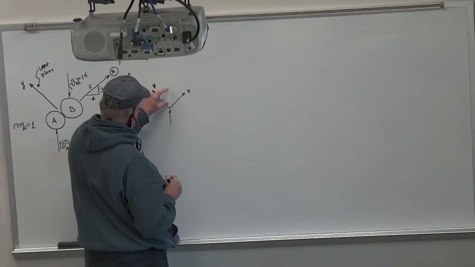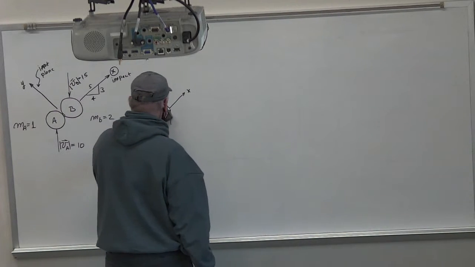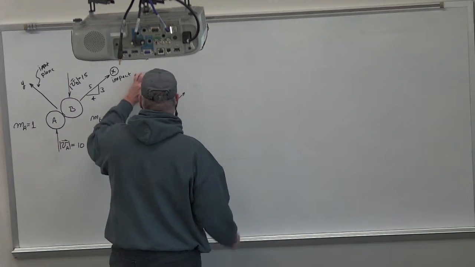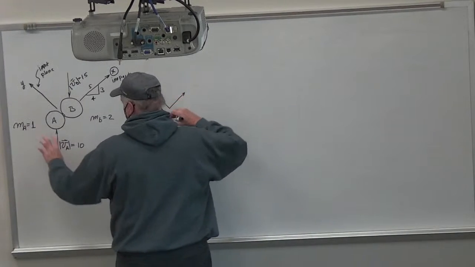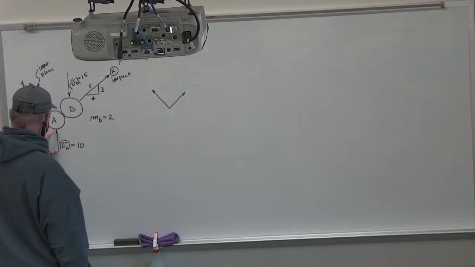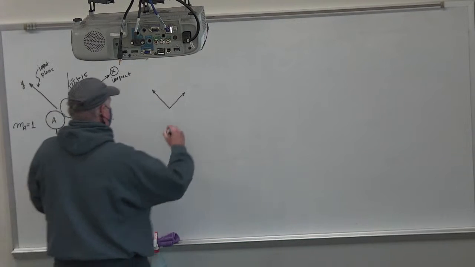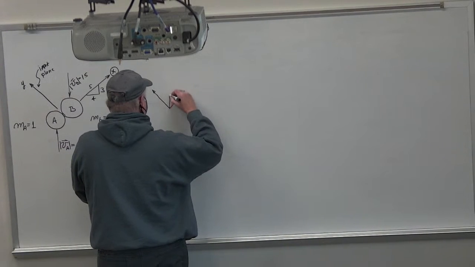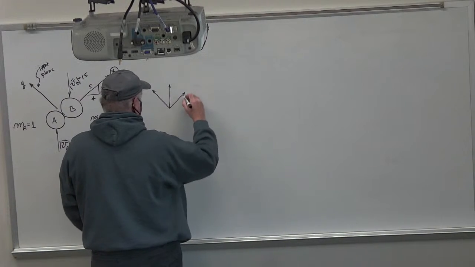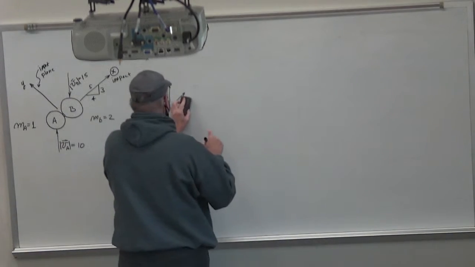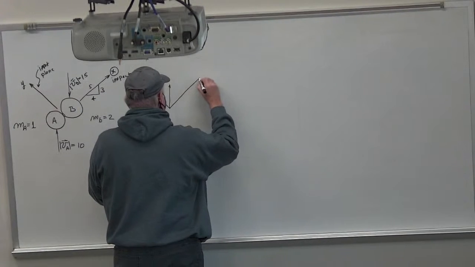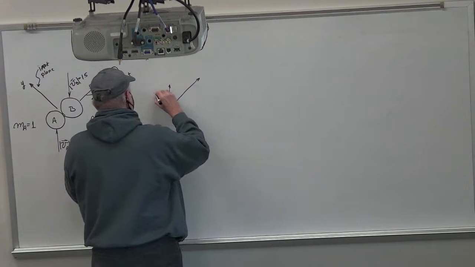So I'm going to take it, move it up on top of this. So essentially I'm taking this vector and I'm going to break it into components. So I'm going to put it at the origin. And I'm going to make this go up a little higher.